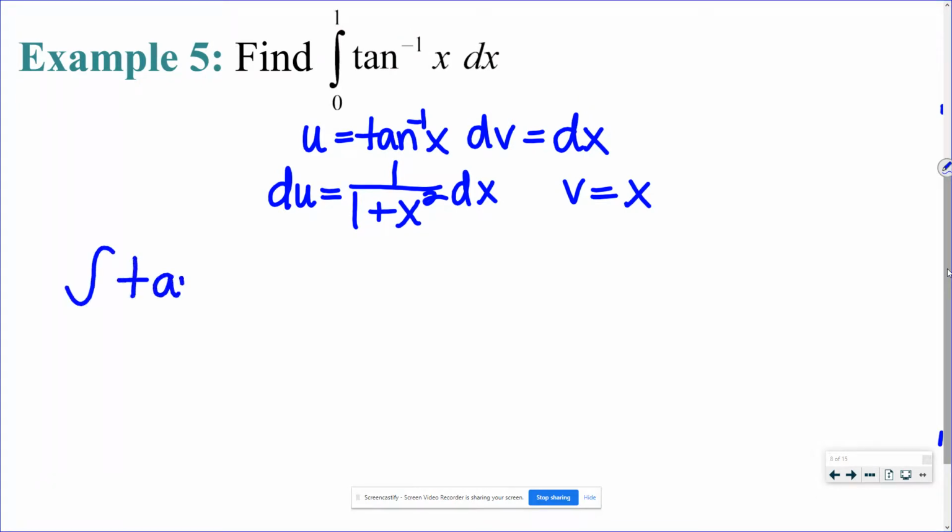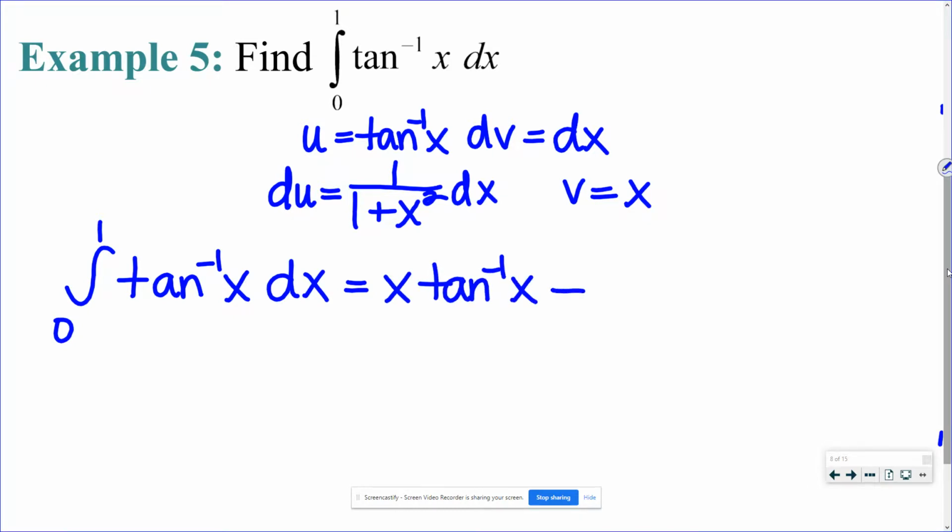So we get the integral of inverse tan x dx, evaluating from 0 to 1. Use integration by parts. So our formula says uv, x times inverse tan x, minus the antiderivative, and this is from 0 to 1, of v du. So that would be x over 1 plus x squared.